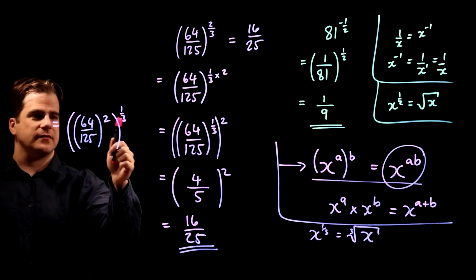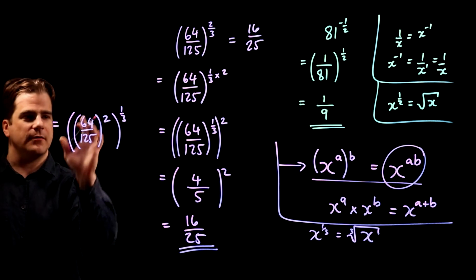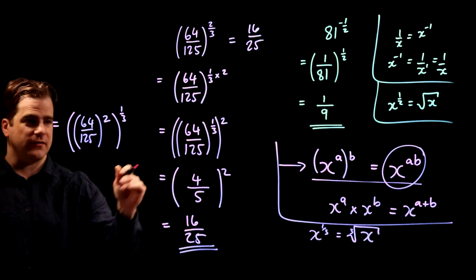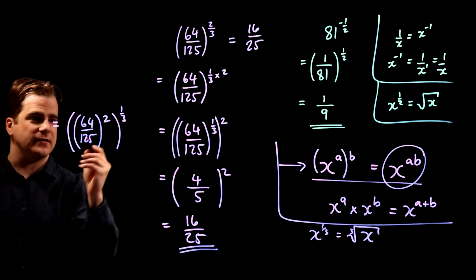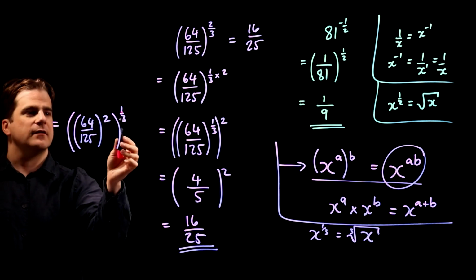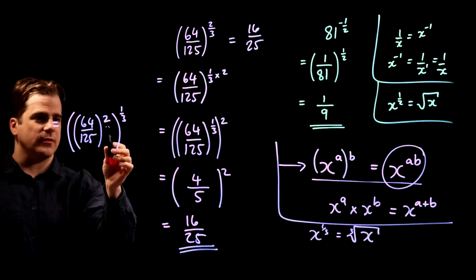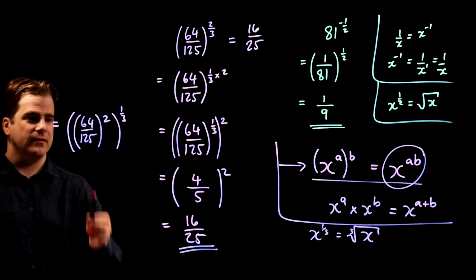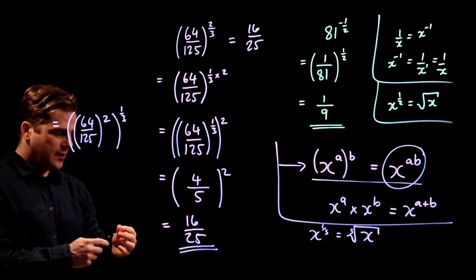So if you come across something like that, it's just a sign that maybe you can do something better in the previous step. So just say, oh yeah, I'll do the third first. In other words, take the cubed root first, because that's much easier than doing 64 squared and 125 squared.